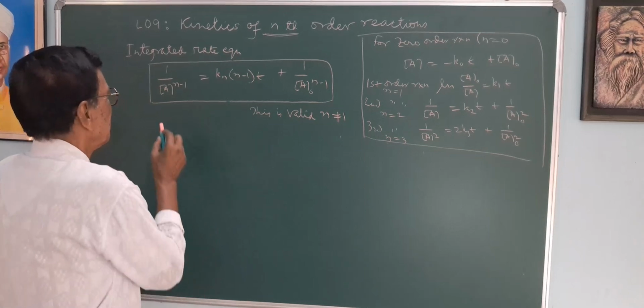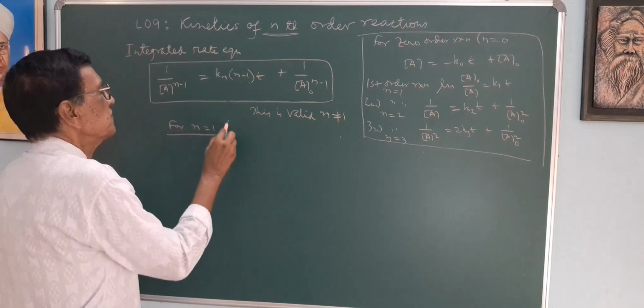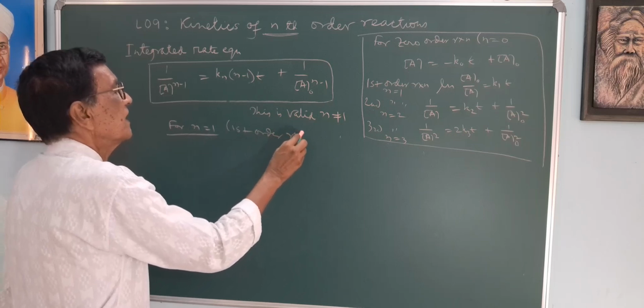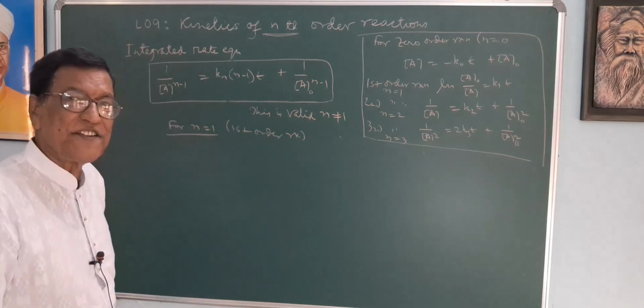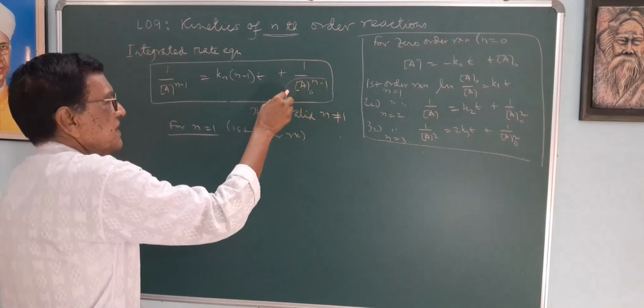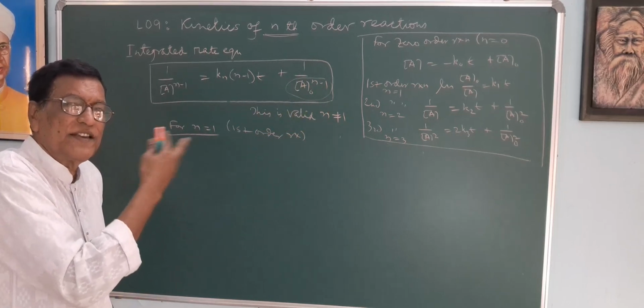Say, for n equal to 1, meaning the first order reaction kinetics, in this case this term is to be multiplied on the left hand side and on the right hand side.